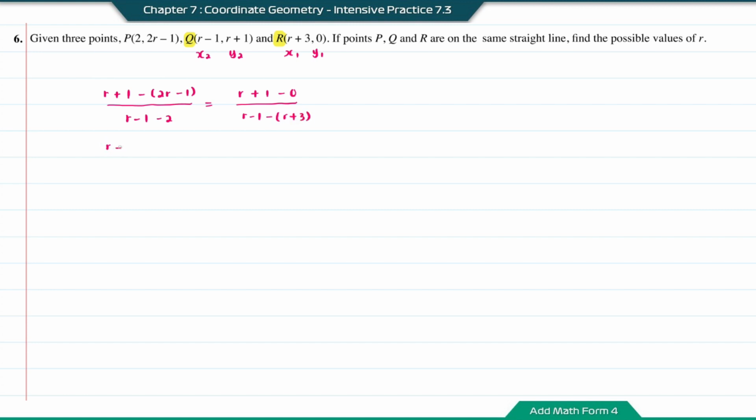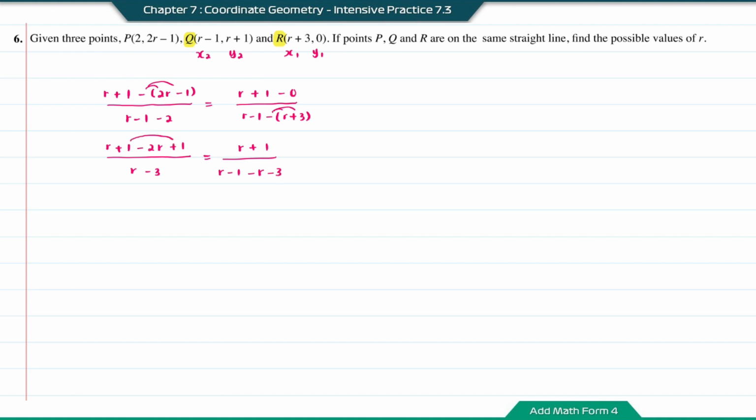So next we're going to get r plus 1. So here expand this, you're going to get negative 2r plus 1 over r minus 3. This is equal to r plus 1 over r minus 1 minus r minus 3.